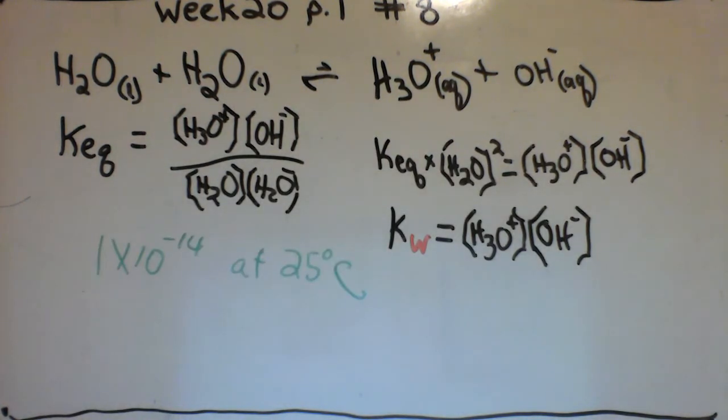Now let's get back to number 8. The problem gives us the concentration of hydronium, and we know what the ion product for the self-ionization of water is at 25 degrees Celsius. So we're going to put those two numbers into the equation and solve for hydroxide concentration.